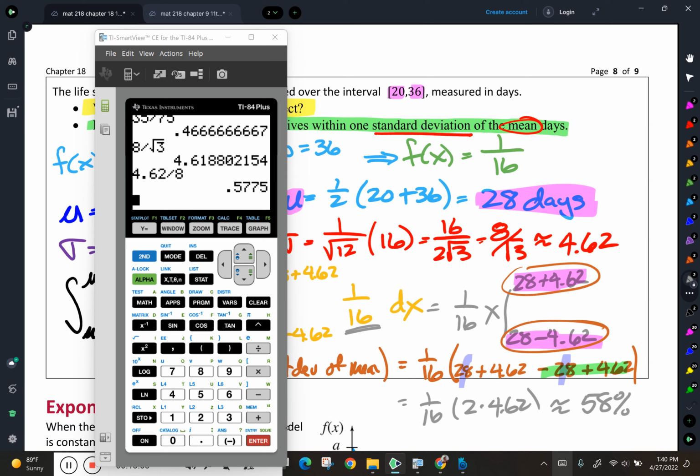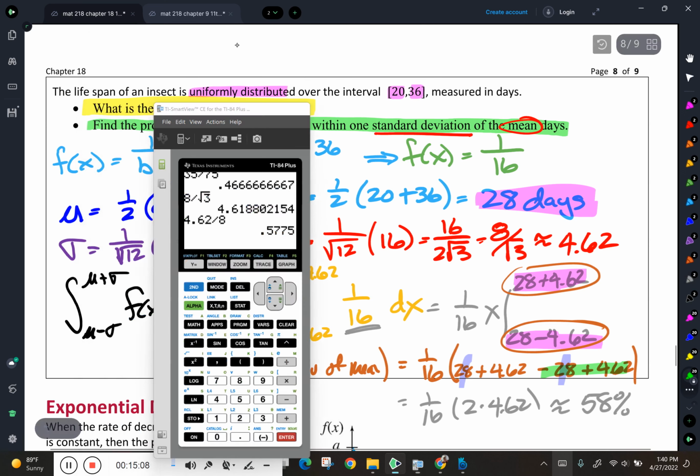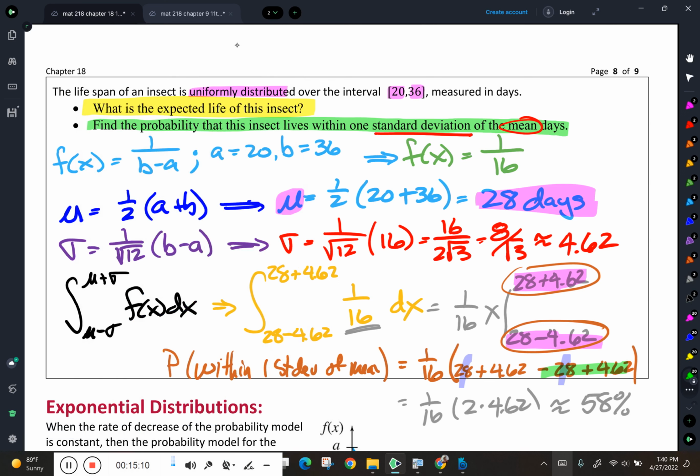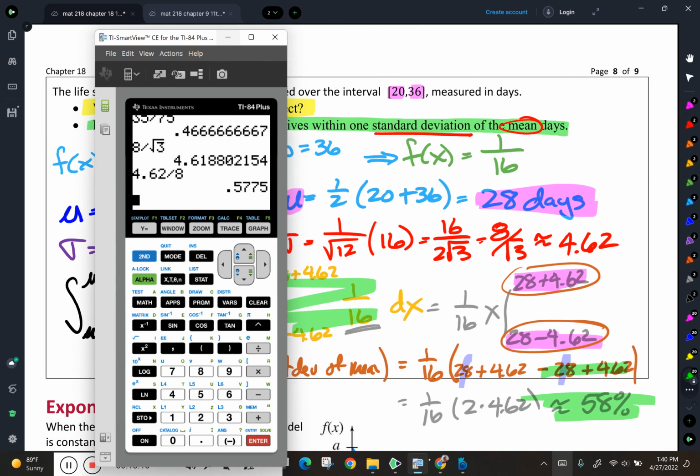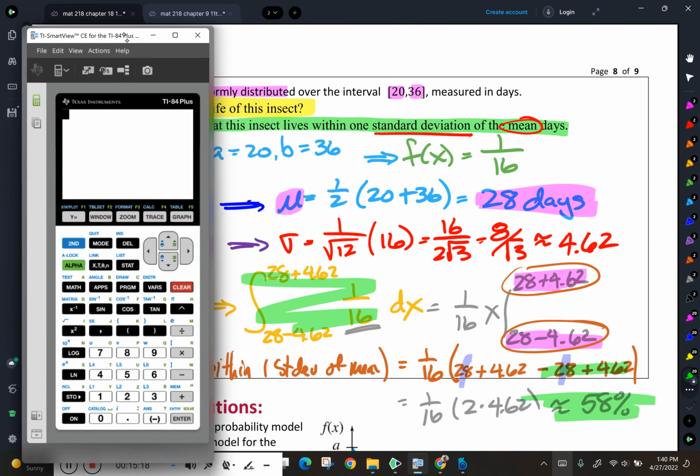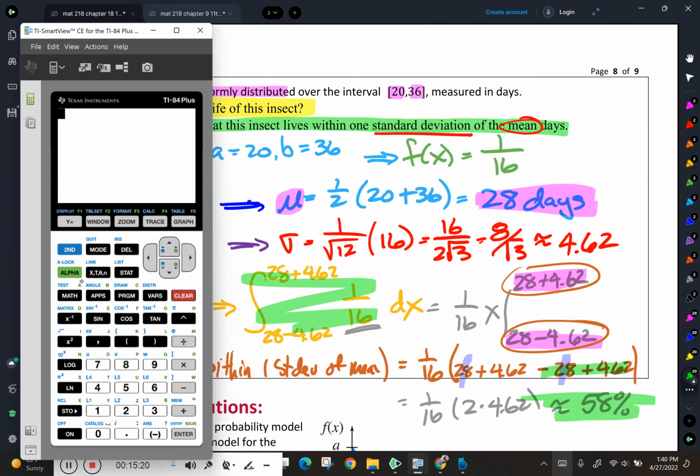Okay. Now, here's a good question. This is a question that I don't have an answer for. Since I had to throw this final step into the calculator, why didn't I throw just the original problem in the calculator? And I could have done that. I could have gone back and just done this whole problem in the calculator and said, set up my integral. My lower limit is 28 minus 4.62.